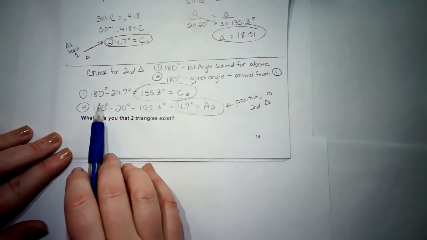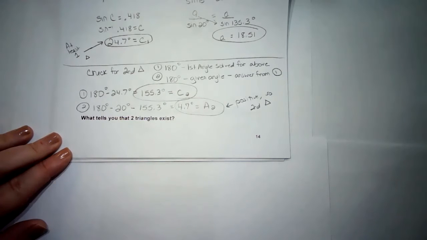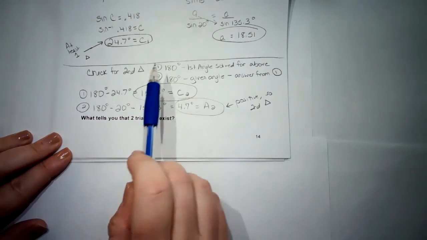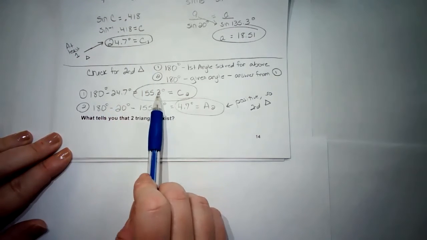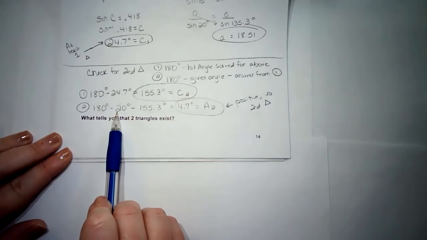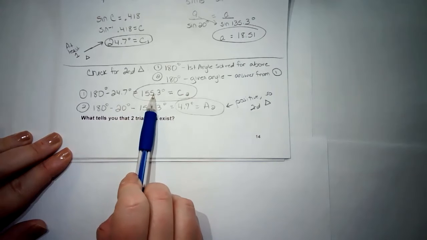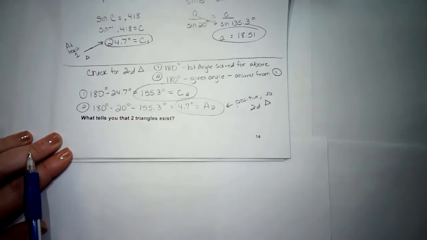You're testing for 2 different things here, but the 180 is really confusing because students think you're doing the same thing over and over, okay? But this is what you do every single time. 180 minus the first one that you solved for above, then 180 minus the given angle minus the number 1 answer. If it's positive, you got a second triangle. If it's negative, you just have 1.